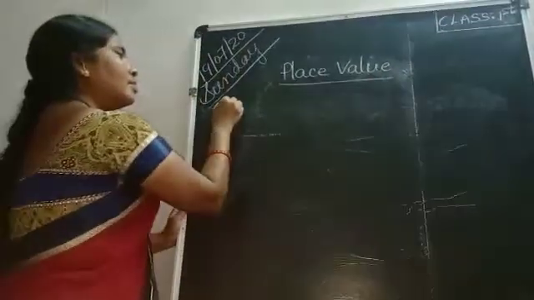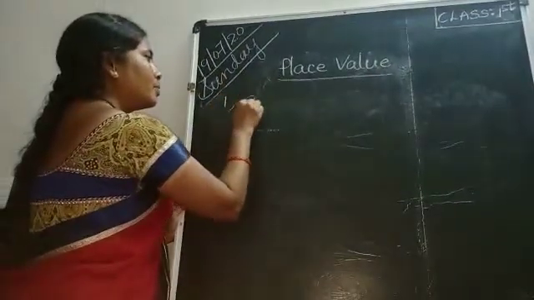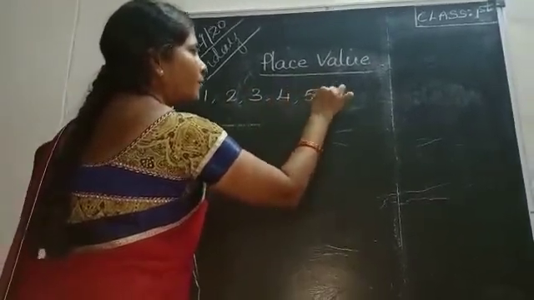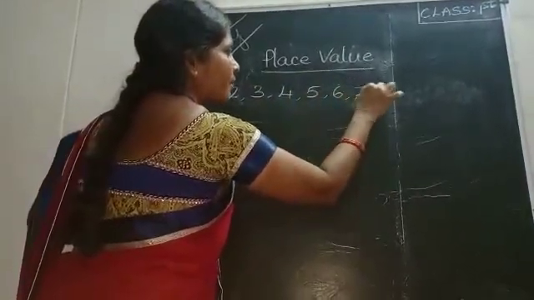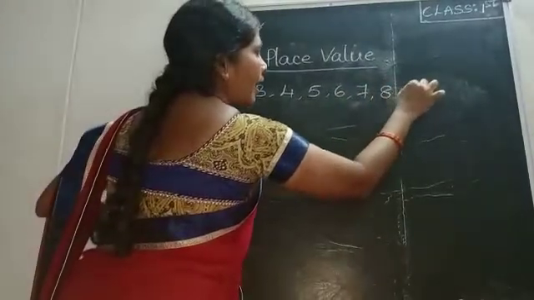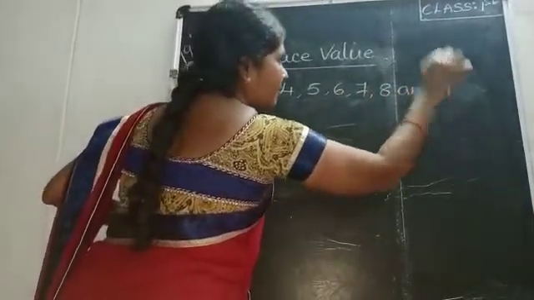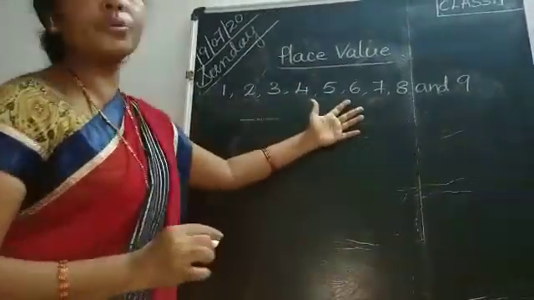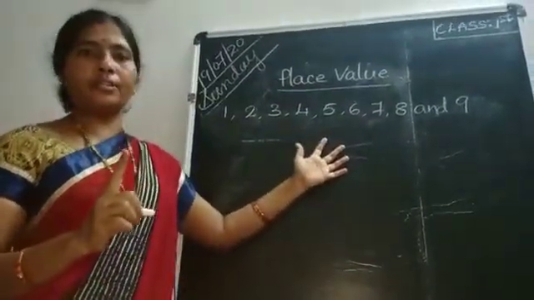See, 1, 2, 3, 4, 5, 6, 7, 8 and 9. When we are writing these numbers, we use one place only.